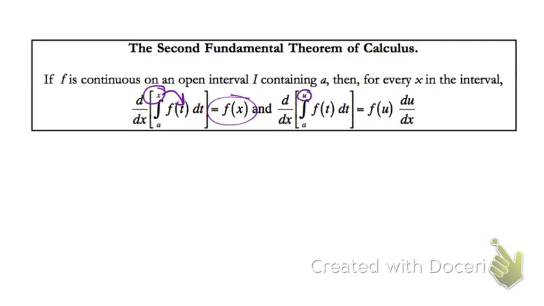You still take that and plug it in here and get f of u. But the only difference is that you also have to multiply it times du dx. So take the derivative of whatever's up here as well. And that has to do with the chain rule. If you integrate and plug this into the function, when you take its derivative again, you'd have to use the chain rule because of that, since it's not just a simple x. And you'll see examples like that in just a second.